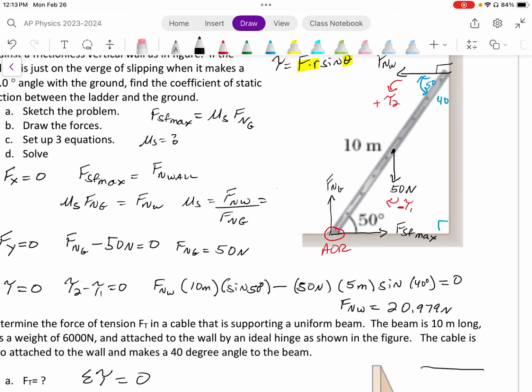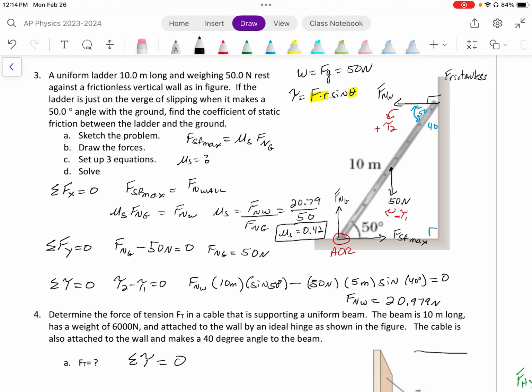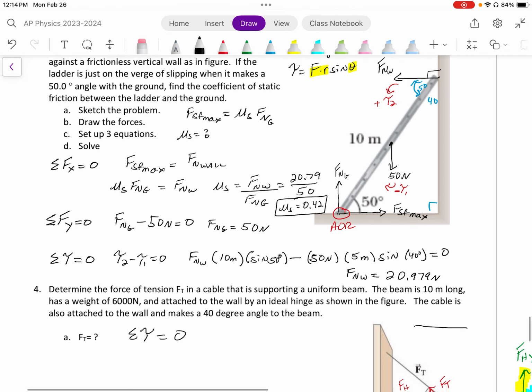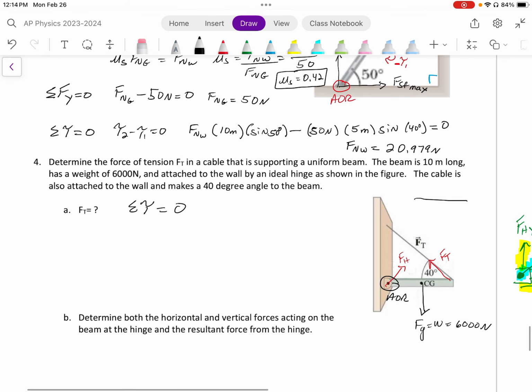So I can go ahead and put 20.79 divided by 50, and I will find mu sub s to be equal to 0.42. Okay, take your time. 3 equations. You're going to have to use all of them in that problem.